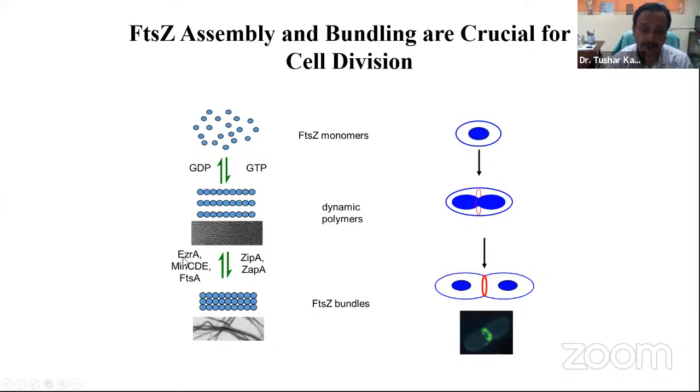Then EzrA, MinC-D, and SulA are certain inhibitors of FtsZ bundle formation. All these proteins make sure that formation and inhibition of the ring take place simultaneously, so that the ring is quite dynamic in nature. The ring gets stabilized, and after that it will constrict and divide the cell into two identical daughter cells.